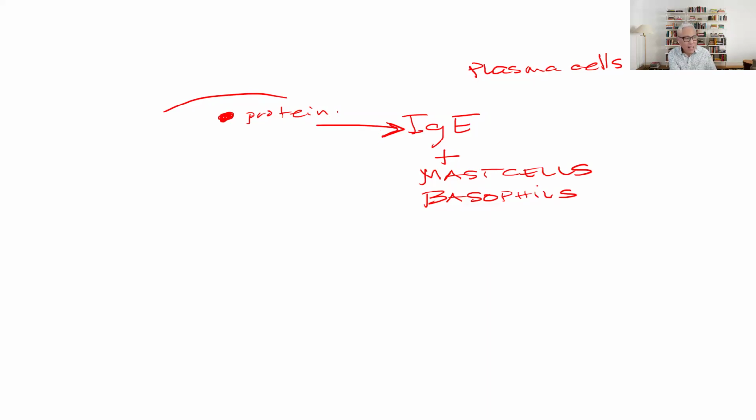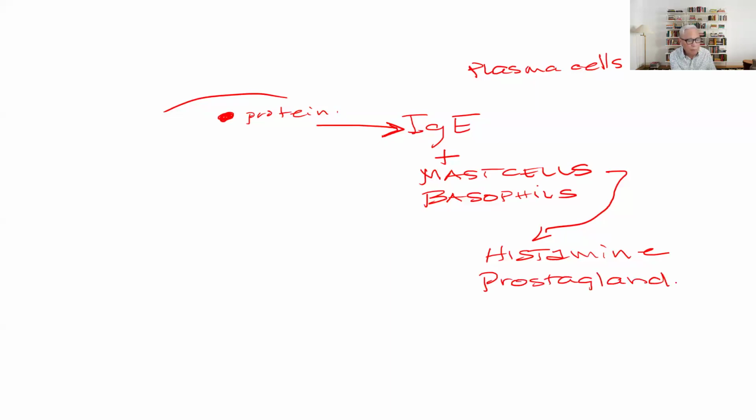And so when the mast cells are activated by it, it releases several chemicals, and these chemicals are going to include histamine. It is also going to include prostaglandins, and of course, leukotrienes.